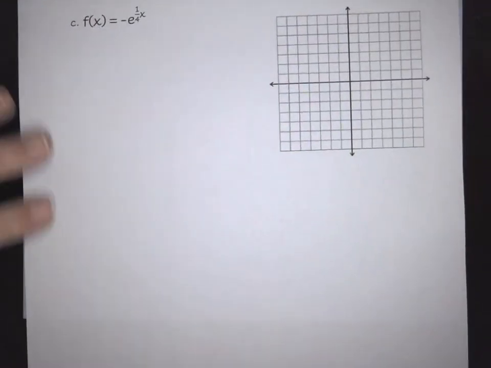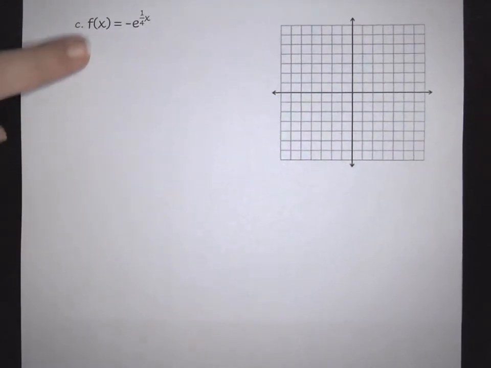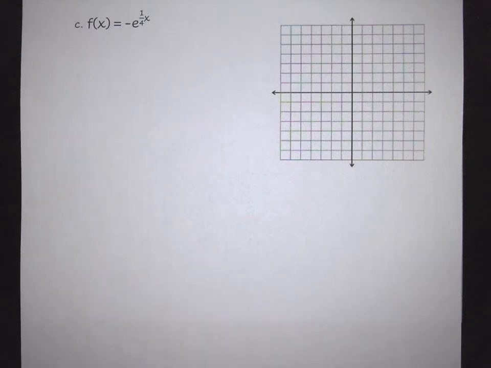Alright, now the last one I wanted to show you is if we use e. Now e is that very special term on a calculator, and each calculator is going to show it slightly different ways.